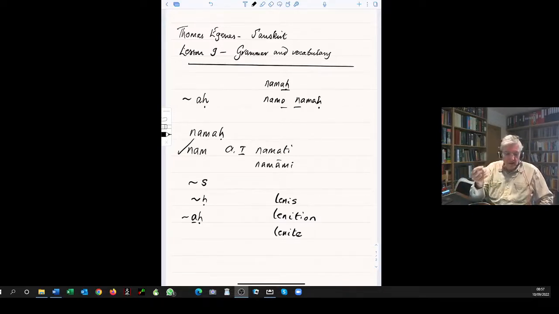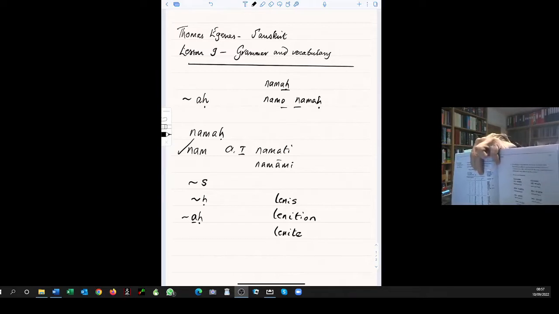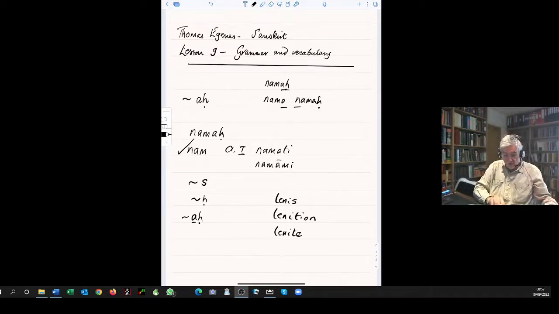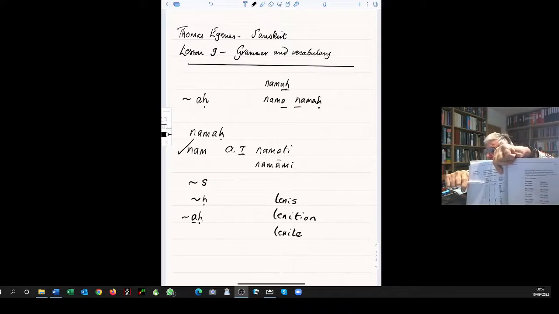You'll see just under the ah, I'll point out here, there's this little footnote in reference to a footnote 2, and that is to indicate that, sorry, I've skipped down a line, the voiced consonants. If I go back to the top line, there's this line across here, I've got my pen there.